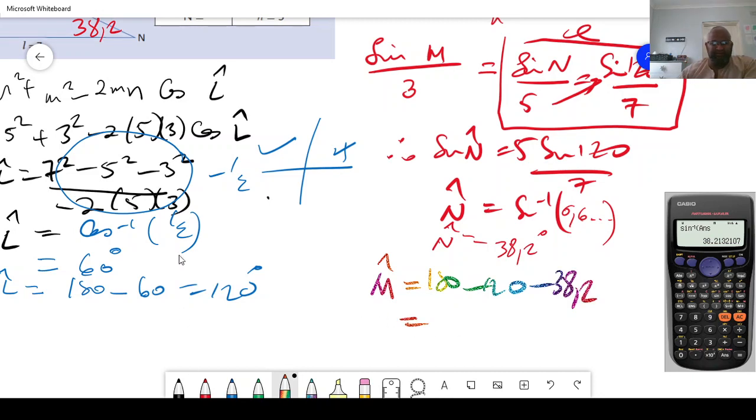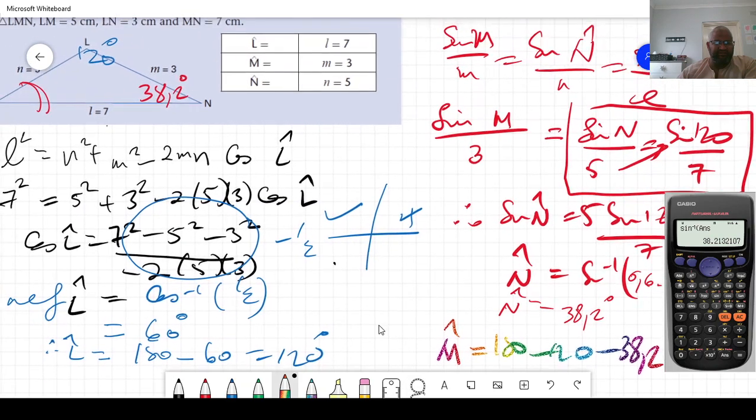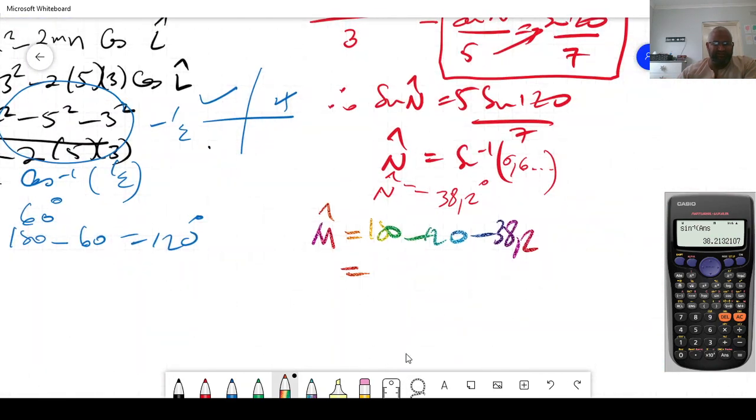Just see here, so 120 now. Right. So we got 180 minus 120 minus that answer that was calculated in the previous question. It's going to give you 21,786. It's 21,8 degrees. Okay.